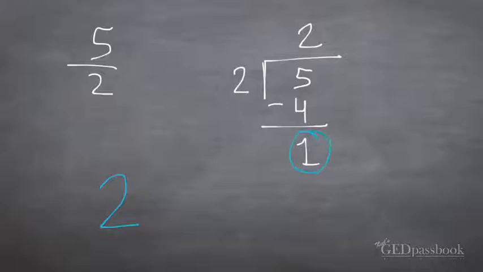The remainder that you get will become your new numerator, and the denominator will always be easy because it will always be the same as your original denominator. So this one here will always still maintain and be your denominator. Just like that, you've converted an improper fraction to a mixed number just by using simple division.